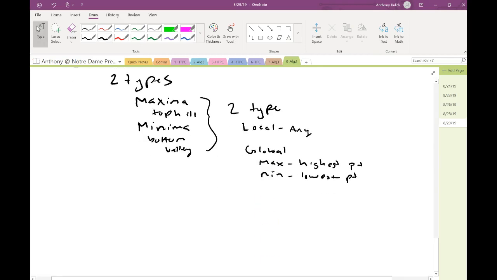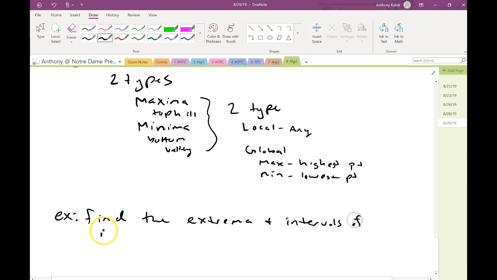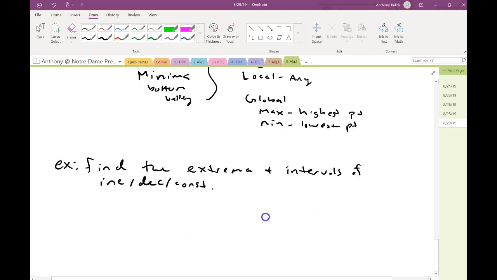What I want to talk about today is how we can use our calculator to do this if we're not provided a graph.